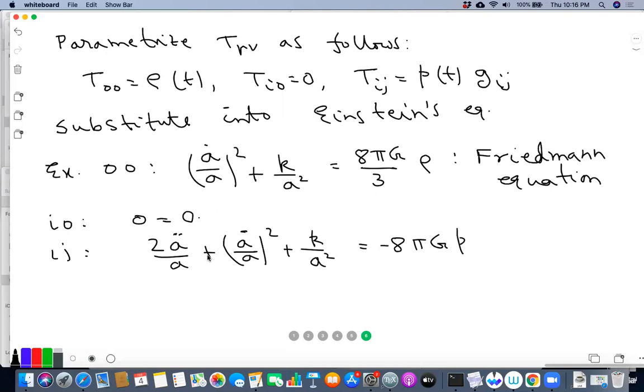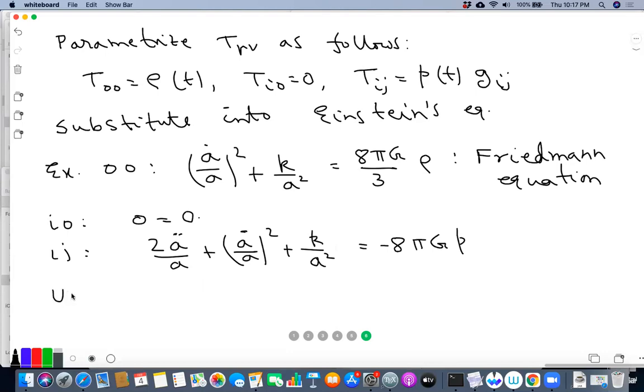Now from here you see that because this is a second derivative and this is a first derivative, we can eliminate the second derivative by simply taking the derivative of the Friedmann equation with respect to time. That generates a factor of ä, so that expresses ä in terms of ȧ and possibly ρ̇. Using that we can eliminate ä, substitute here, and get an equation that involves only the first derivative of a, and possibly the first derivative of ρ.